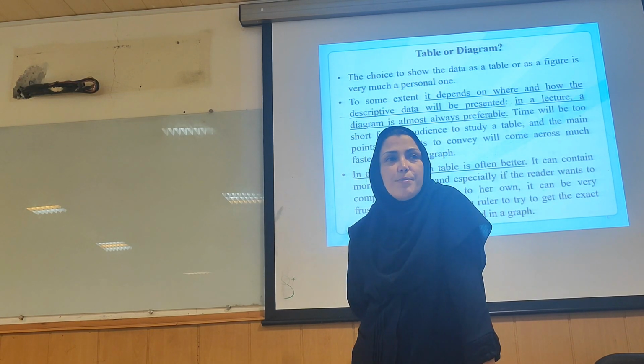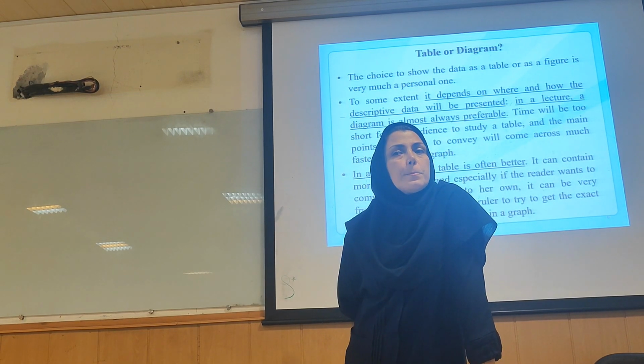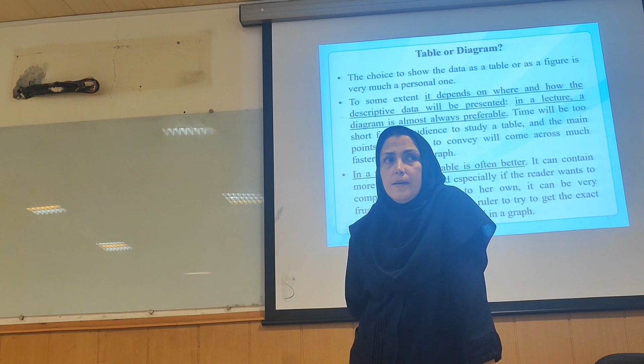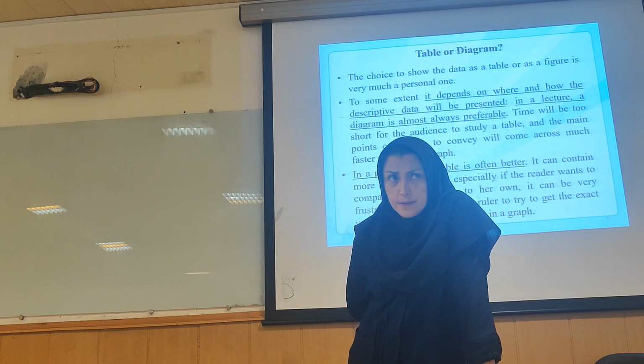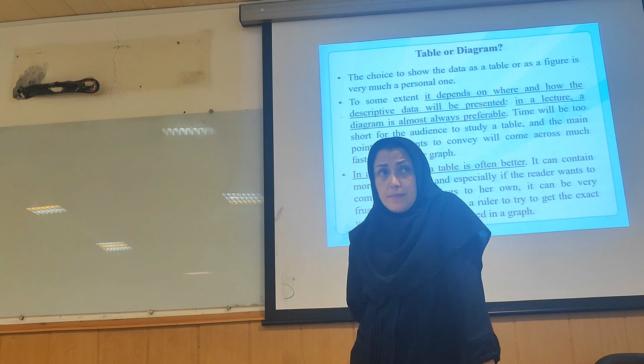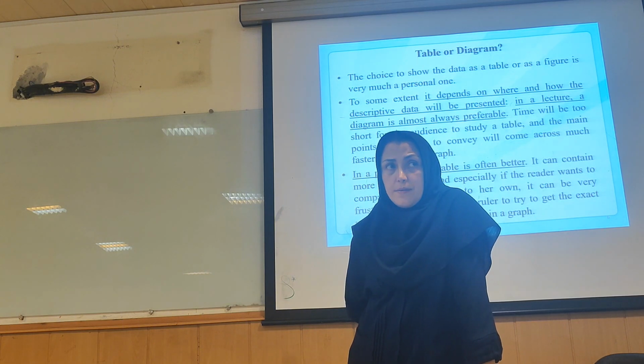Yes. A diagram is for a presentation or for the general public because it's easier to understand. But a table is for a more scientific approach and it's also more accurate. So it's more for your scientific peers. Very good.